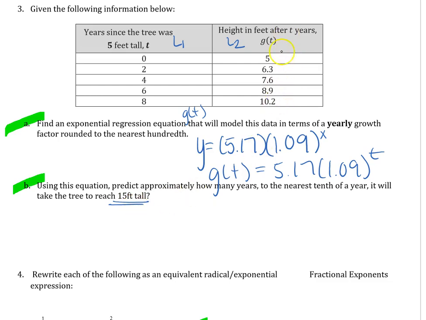Now keep in mind, feet is technically a y value. They're saying y equals 15. So you need to plug 15 in for your y's. So we're going to find where this function intersects 15.